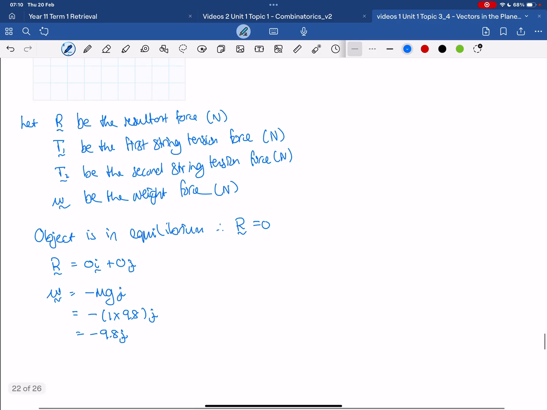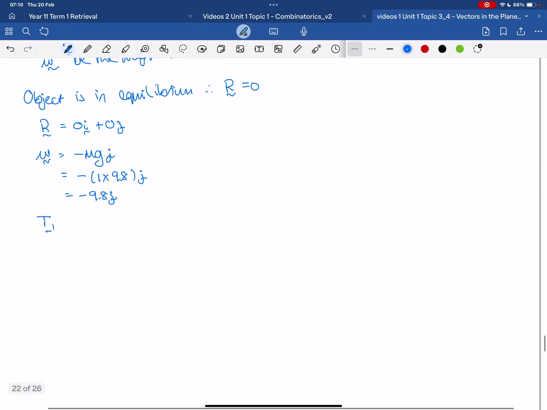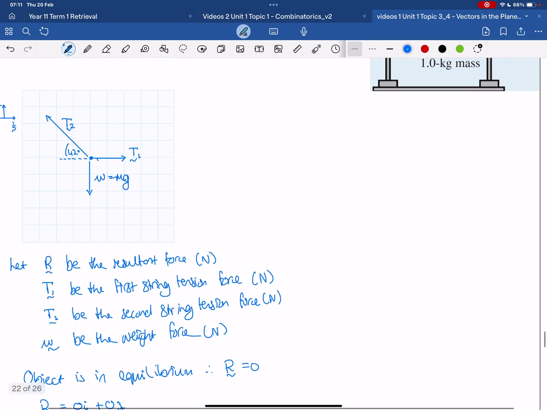Okay, and our T1, well, T1 only acts in the I direction, and it's positive, so it's just going to be T1I. Notice I don't put a vector squiggle underneath the T1 because that's going to be the magnitude of that force. And T2, well, let's have a look at where T2 is acting. It's going in the negative I direction and the positive J direction, and it is going to have components.